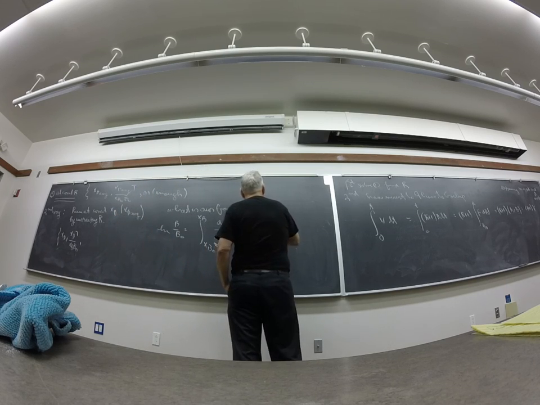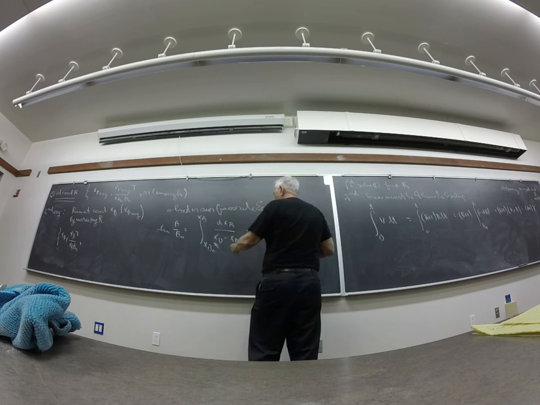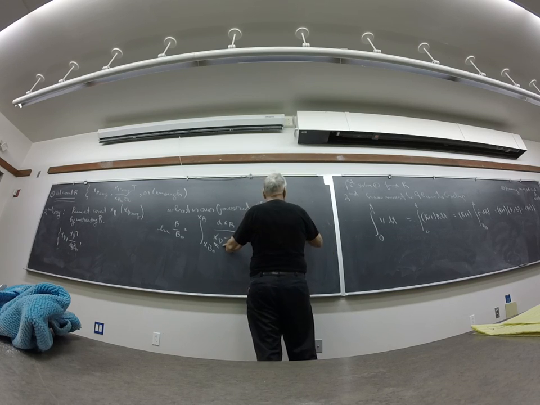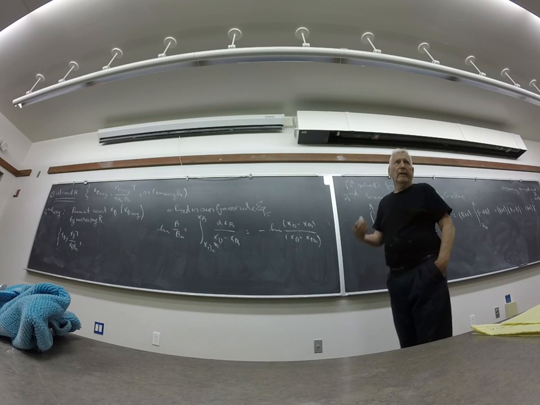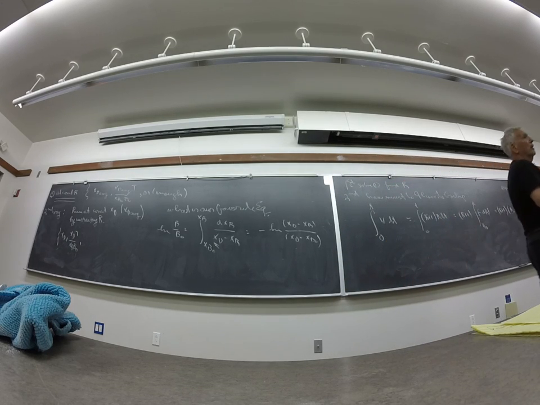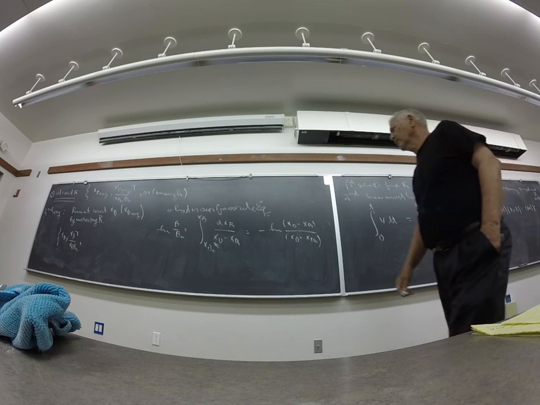It's minus the log of xD minus xB over xD minus xB0. So I sit here and I say, is there any information in this equation? And you say, no, there's no new information in this equation.